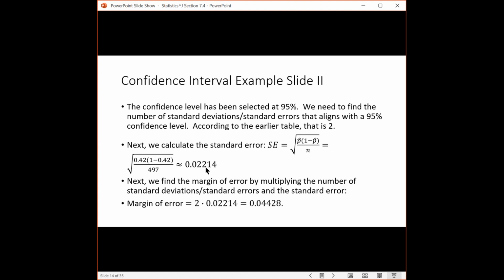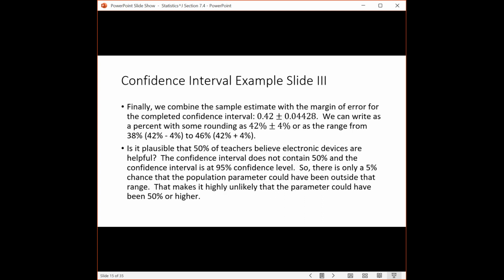Next, you take these two numbers, the one that goes with the confidence level and the one from the standard error, and you multiply them, and that gets us the margin of error. That's the distance from the center of the confidence interval to the outer edge. Then to finally construct the confidence interval itself, you take the estimate value and add or subtract the margin of error.